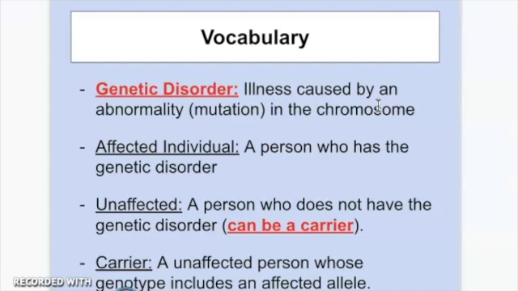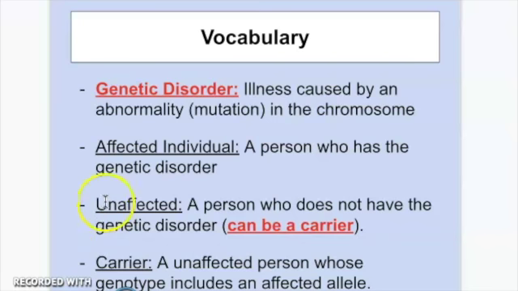Okay, and of course, for now, we're talking about the sex chromosomes. We're also going to be looking at the difference between an affected individual and an unaffected individual. So a person who gets the genetic disorder versus the person who doesn't get the genetic disorder.